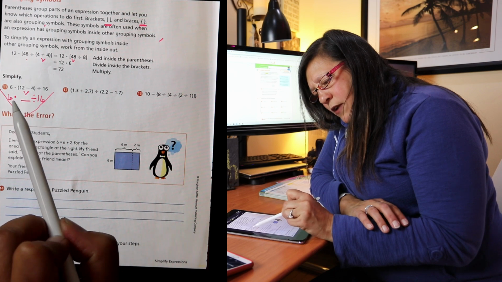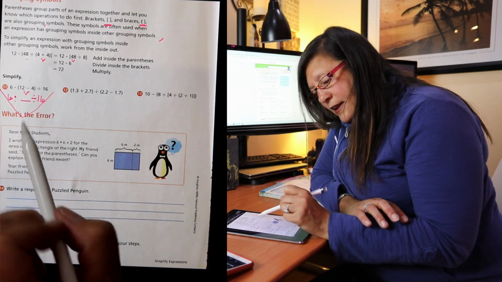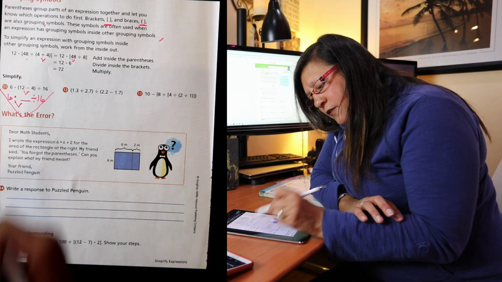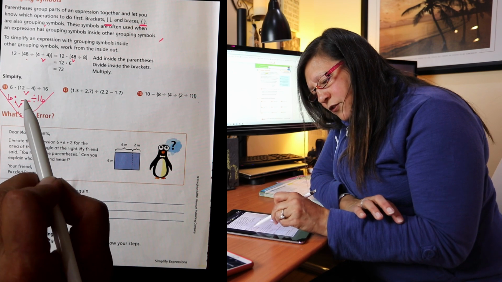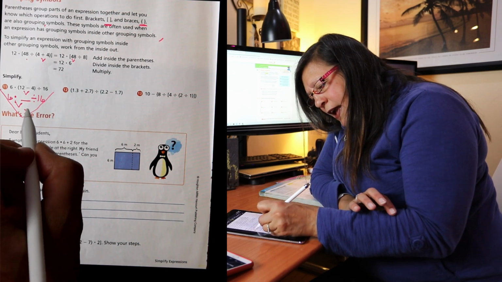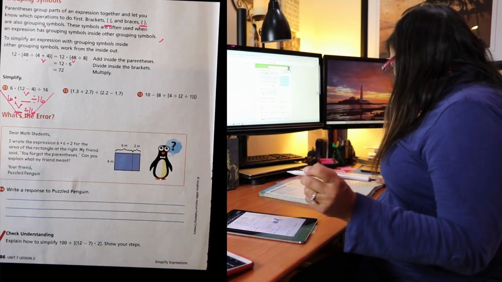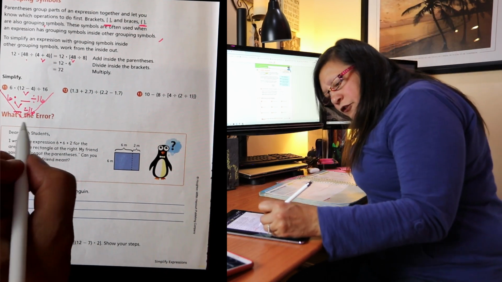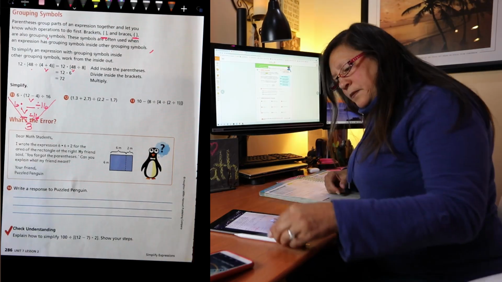Okay, so now we have multiplication and division, but we're going to work left to right. So you would do this operation next, 6 times your answer here. And then the last operation would be your answer divided by 16. When you're all finished, you should get 3 as your answer for that one.